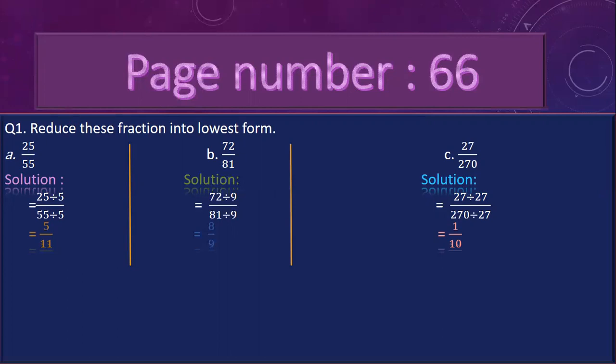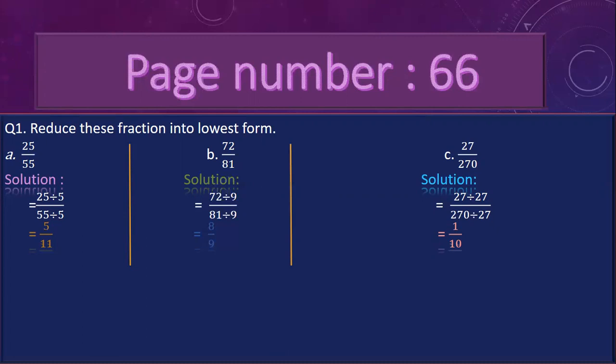Come to part B, 72 and 81. Recall all the tables, and when you are recalling you see that in the table of 9, 72 and 81 both are divisible by 9 because 8 nines are 72 and 9 nines are 81.